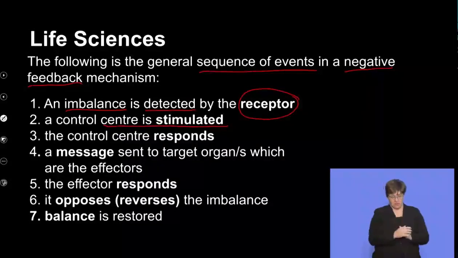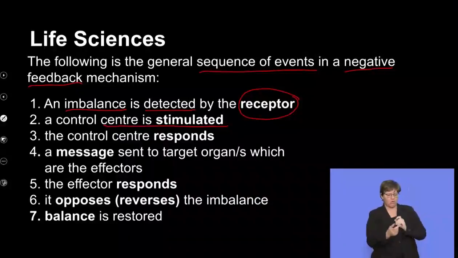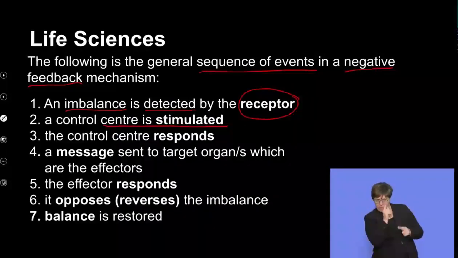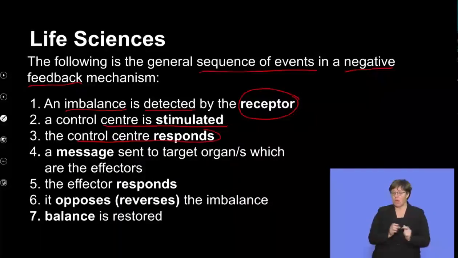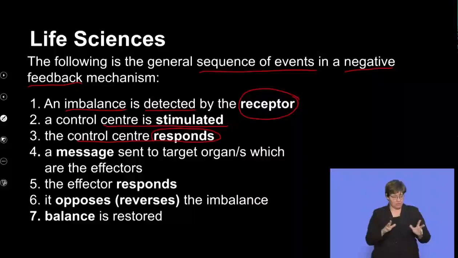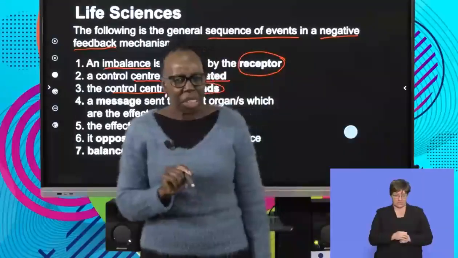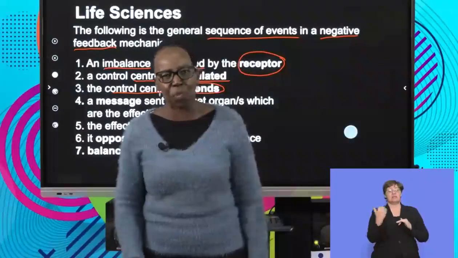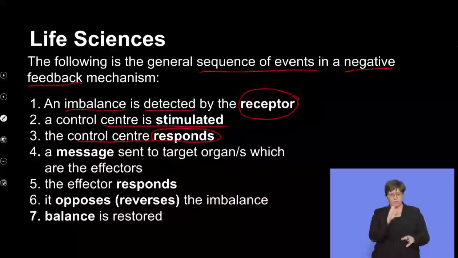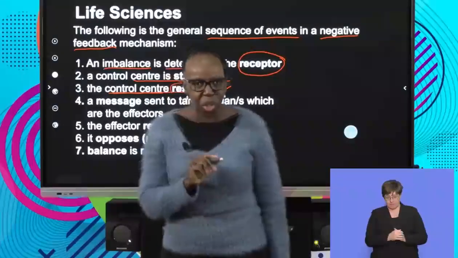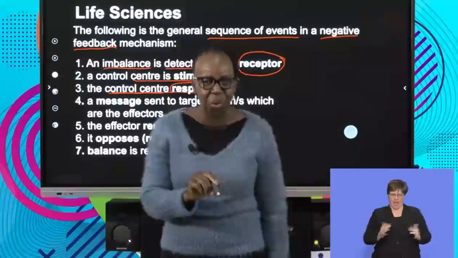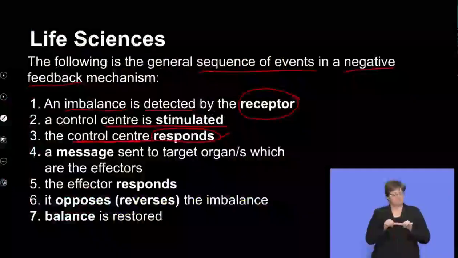What is going to happen after the control center has been stimulated? Something must happen again. This control center that is stimulated needs to respond. Once the stimulation takes place, there must be a response. So, the control center in this case will respond. So, how is it going to respond? We continue with the 4th step.